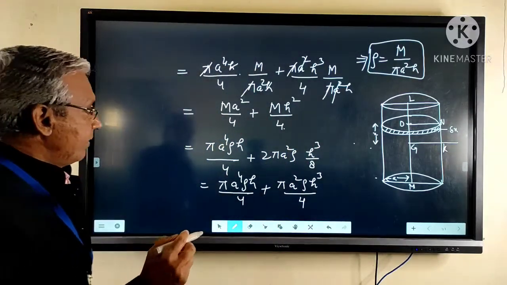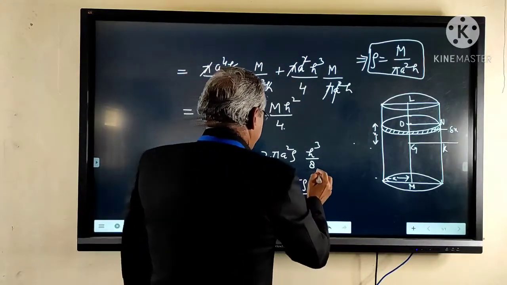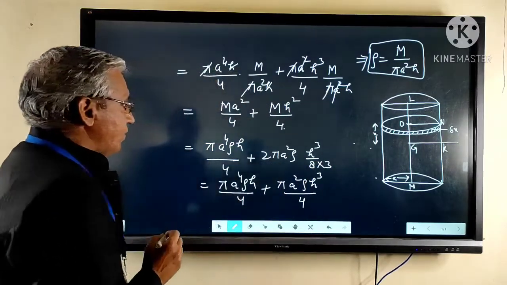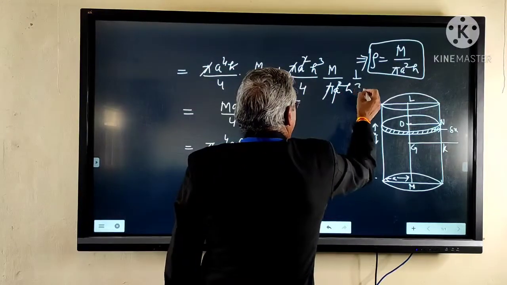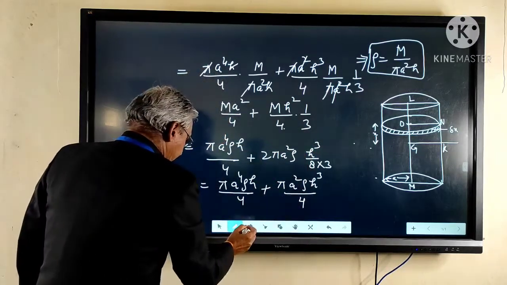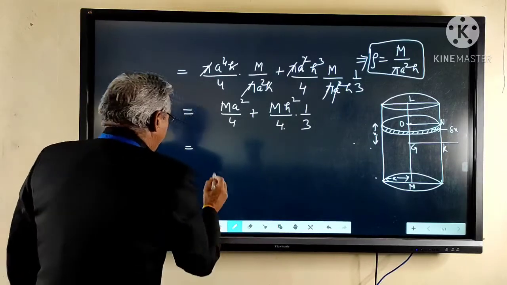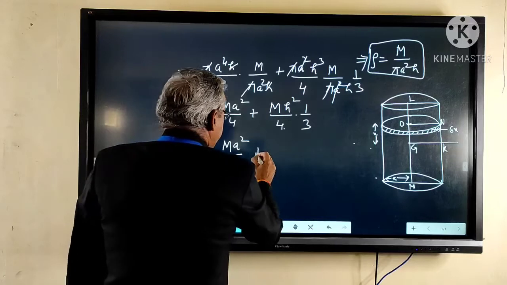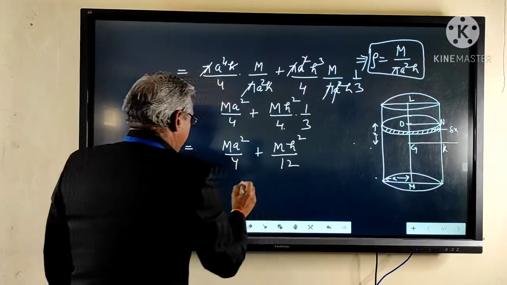Here we have this is x cube by 3. So this is into this is 3. This is h cube upon 8 into 3. So this is 1 upon 3 and finally it is 1 upon 3. Finally this is m a square by 4 plus m h square upon 12.